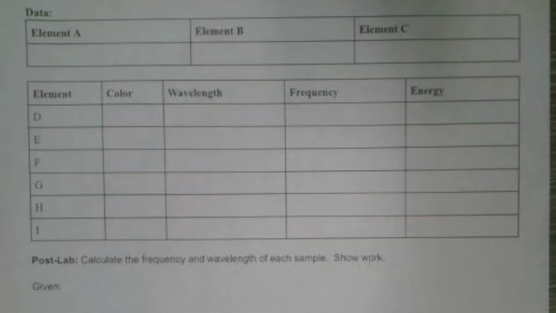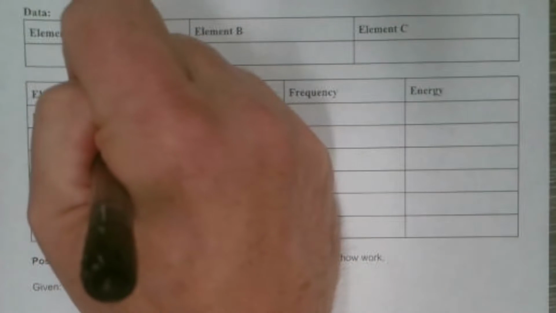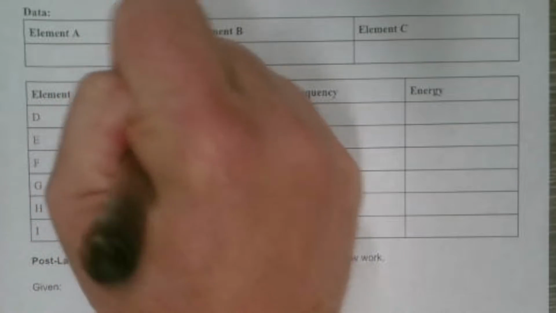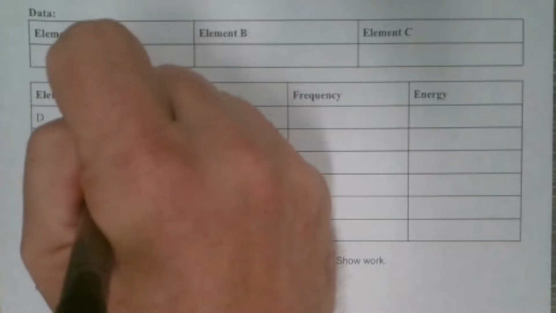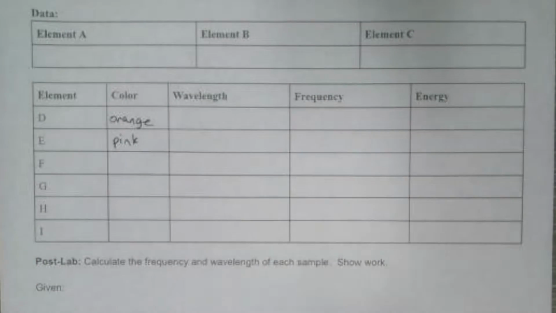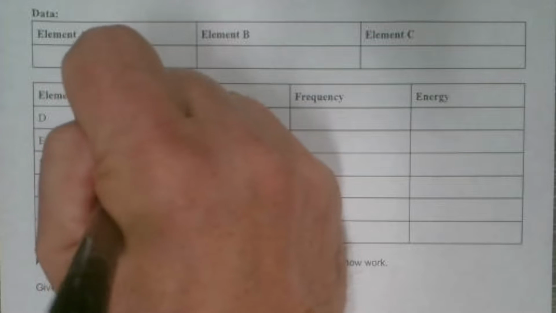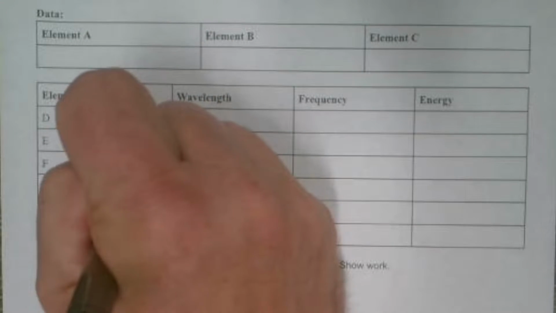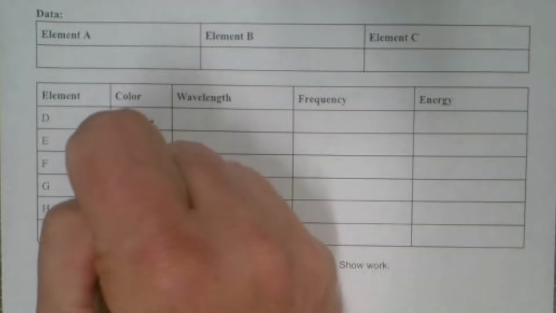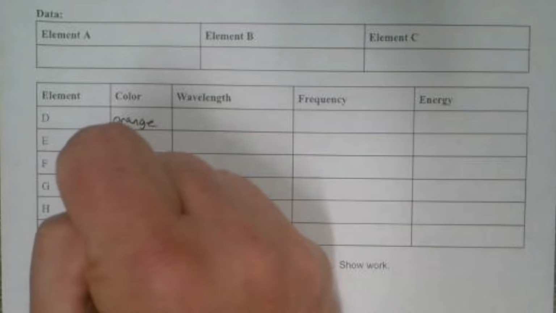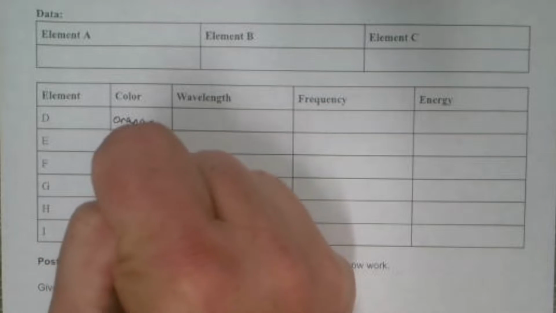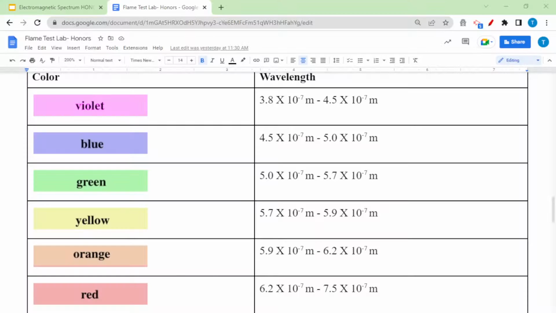And we saw that this was orange, and then the next one was pink, yellow, green, red, and then reddish orange. And then you take your sample data that came straight from the lab document and use that to determine the wavelength of each sample.